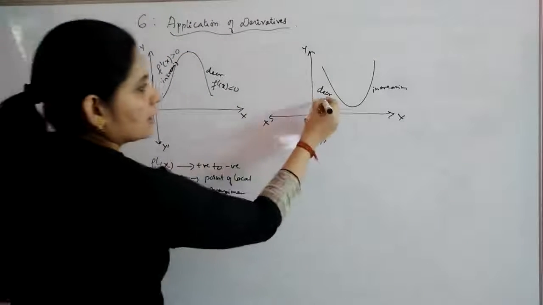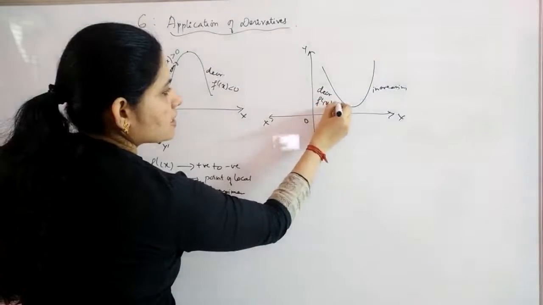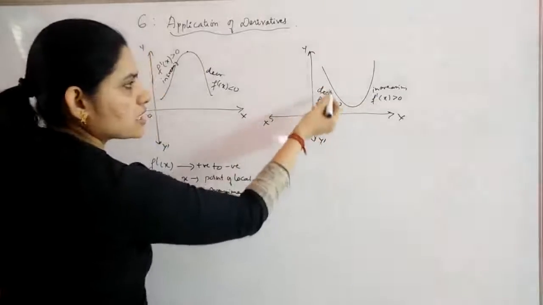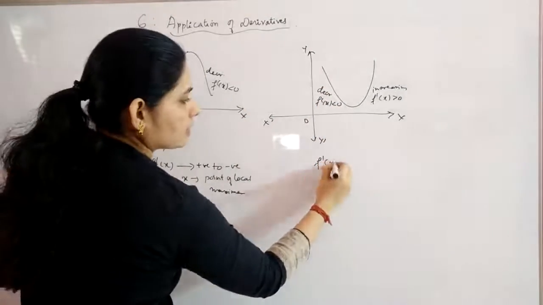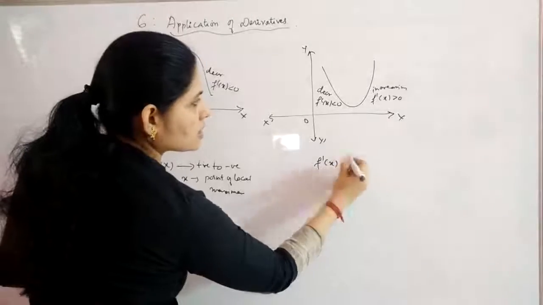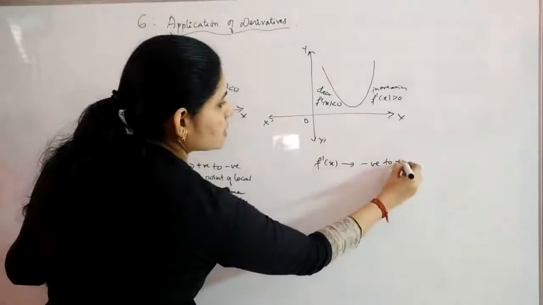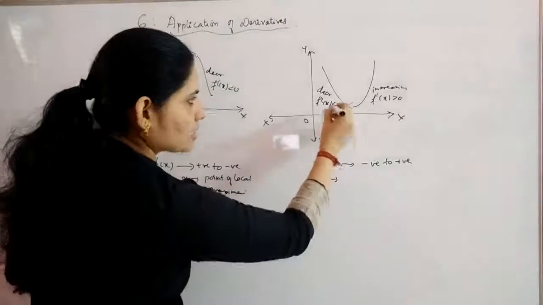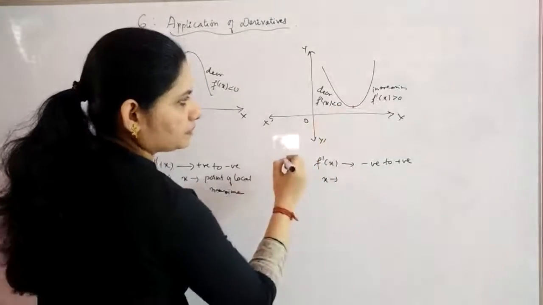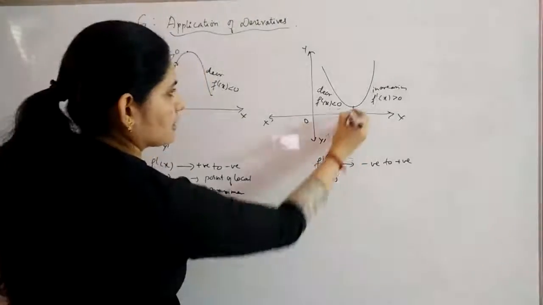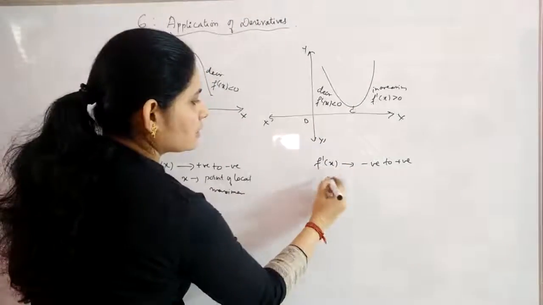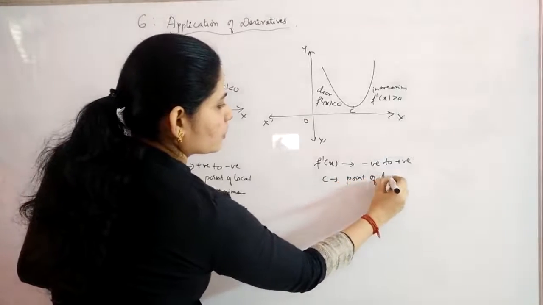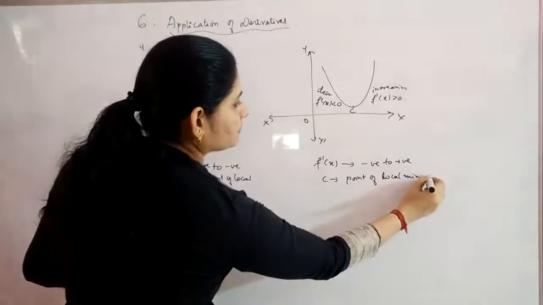Okay, now when it is changing its sign from negative to positive. Decreasing means f dash of x is less than 0, and increasing means f dash of x is greater than 0. That means the function's derivative is changing its sign from negative to positive. At that time, suppose this is c, I will say that point will be acting as the point of local minima.